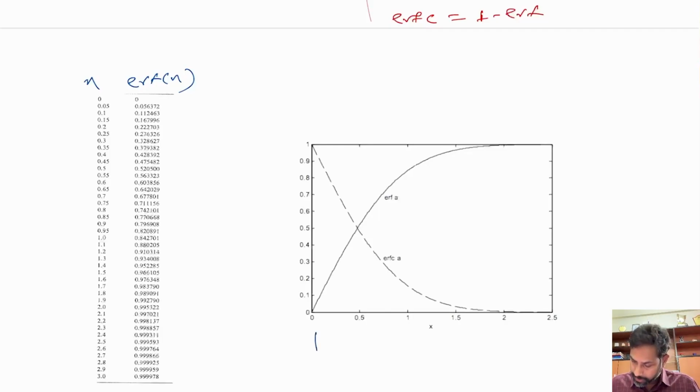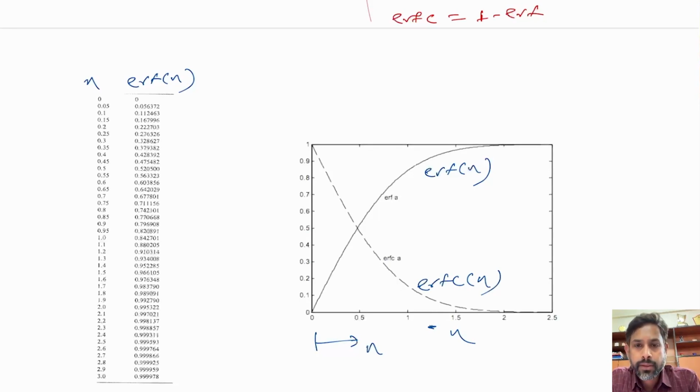So this is eta, this is your ERF of eta, and this one here is ERFC of eta. So you can see how your error function increases from eta equal to 0, and the complementary error function decreases from 1 towards 0 with increasing value of eta.